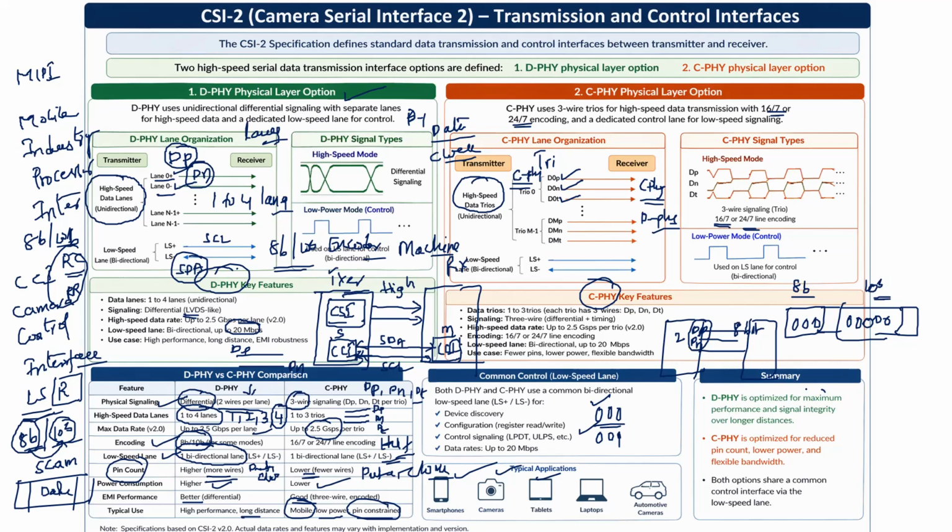D-PHY is optimized for maximum performance and C-PHY is optimized to reduce pin count, that means low power and flexible bandwidth. That's why C-PHY is more used, and D-PHY has more power consumption. But if you want to transmit data over a longer distance, you can go for the D-PHY lane. Understood?